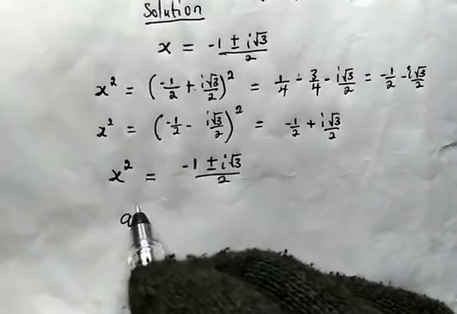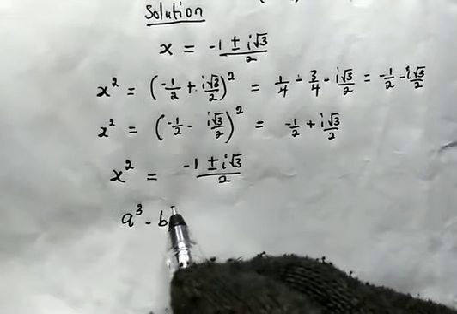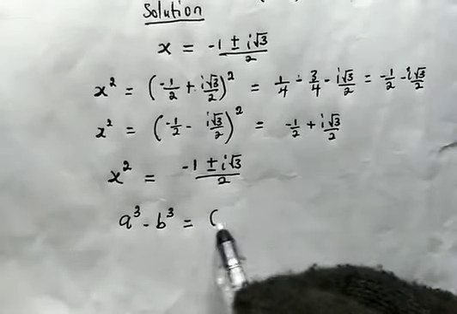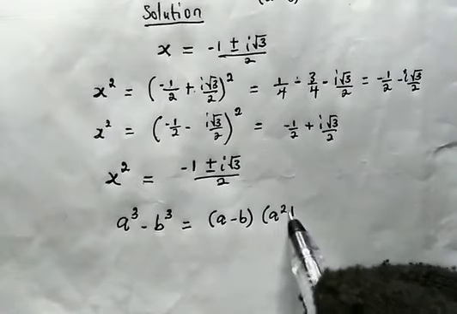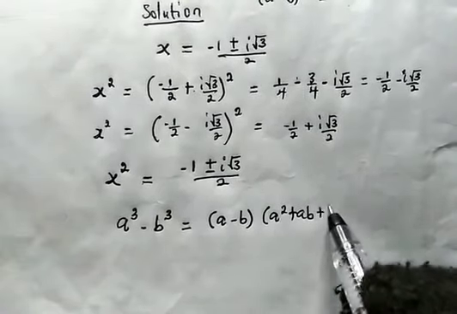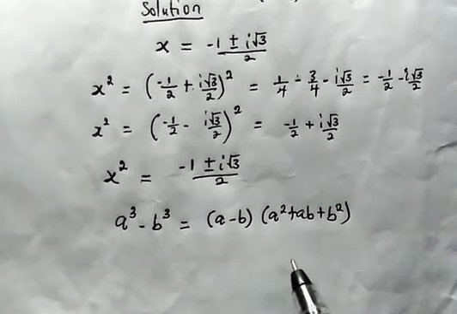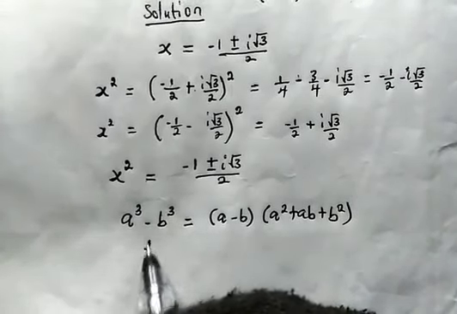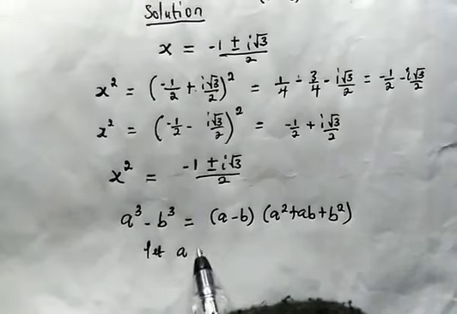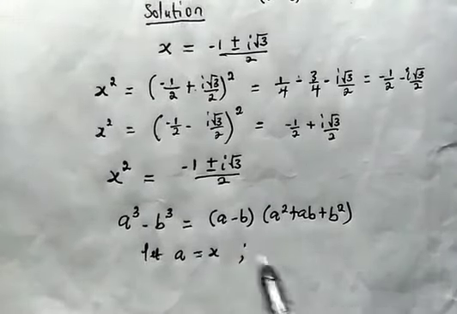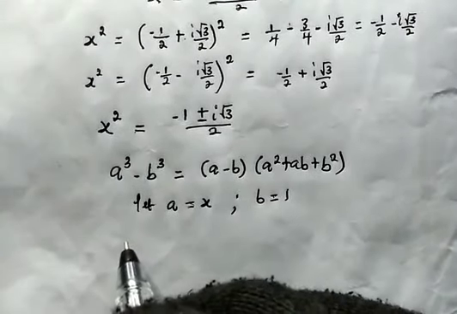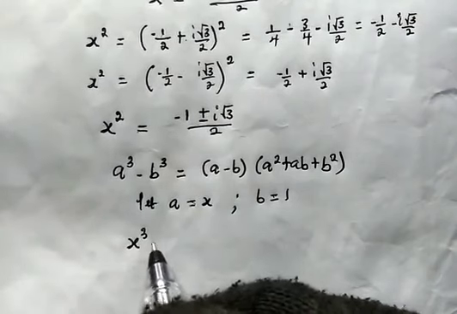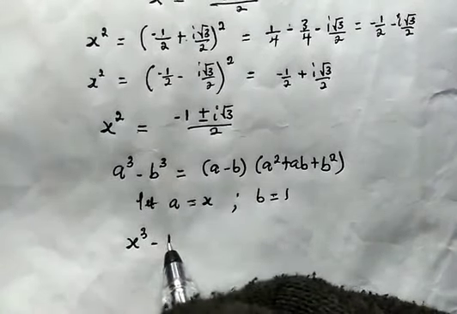Now, let us recall another interesting algebraic property, the difference of two cubes. Remember that a cubed minus b cubed is equal to a minus b multiplied by a squared plus ab plus b squared. Now we let a equal x and we let b equal 1. So a cubed will be x cubed, minus b cubed, which is 1 cubed, which is 1.